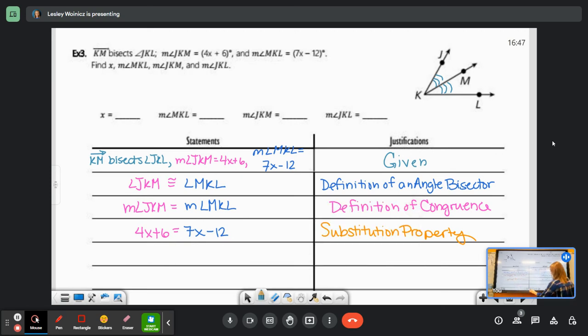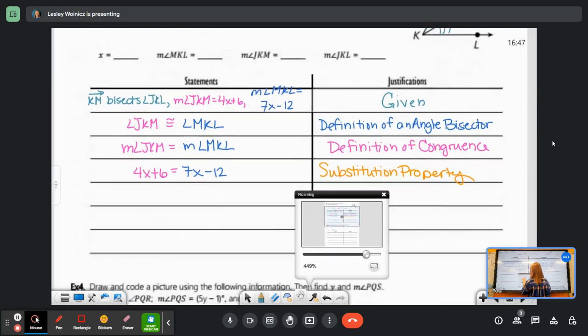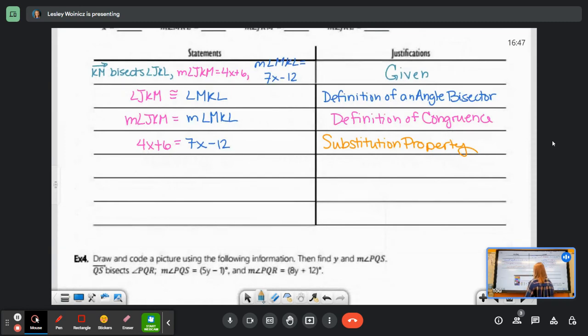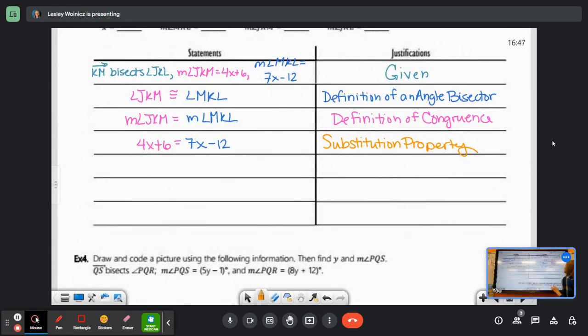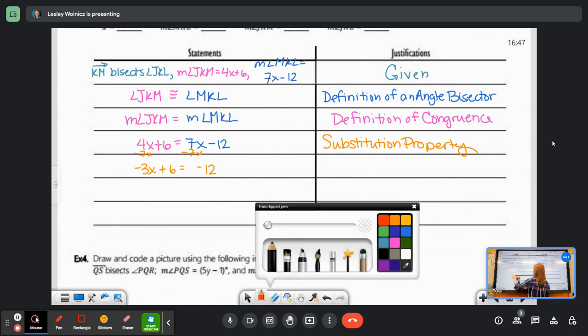Okay, now it's just algebra. The geometry part is kind of over. All right, so I want all my x's on one side and my constants on the other, so I'm going to subtract 7x from both sides. Okay, that gives me a negative 3x + 6 = -12. That was the subtraction property of equality.